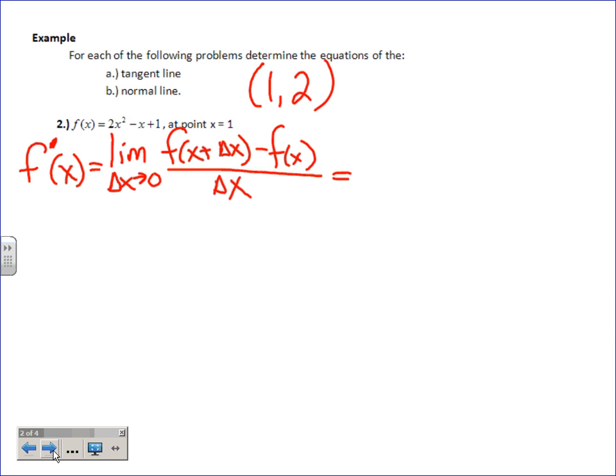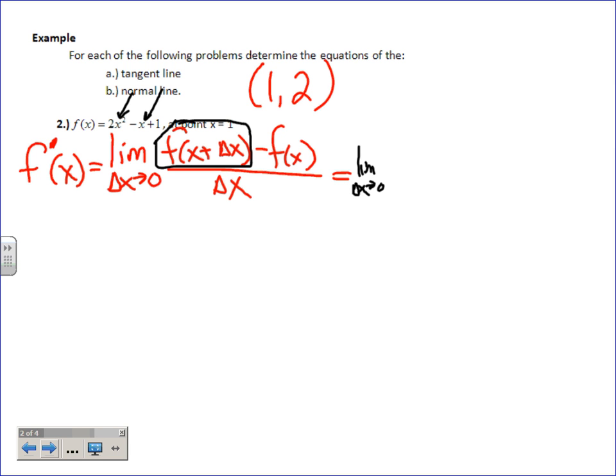And we need to figure it out. Ready? All right, so this right here, again, we'll kind of color code it. It's saying put x plus delta x into the function, correct? So I got to put x plus delta x in there and in there. Here we go. Limit as delta x goes to 0.